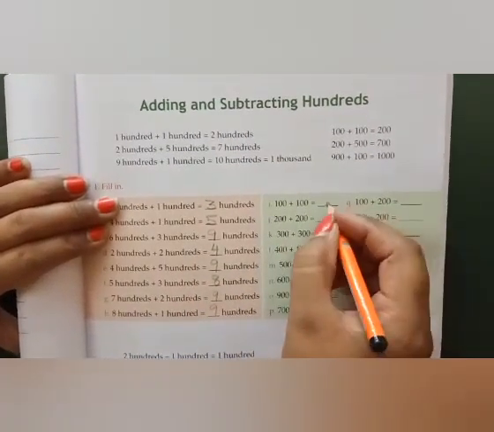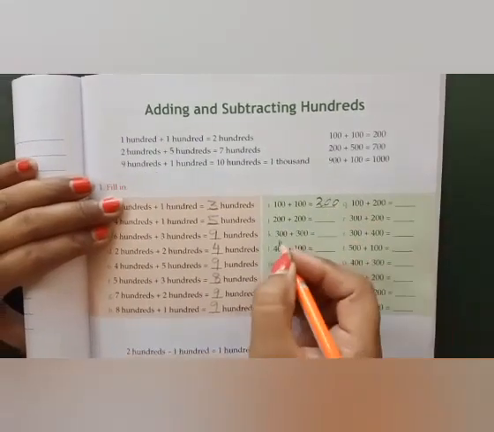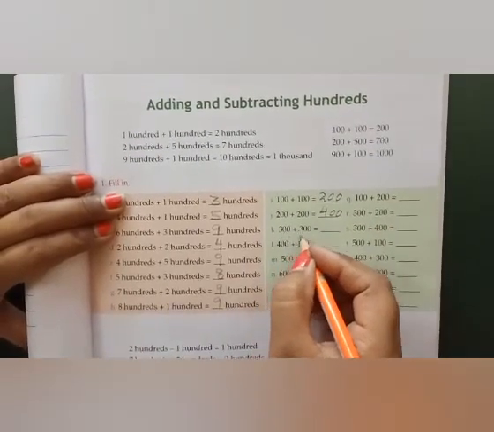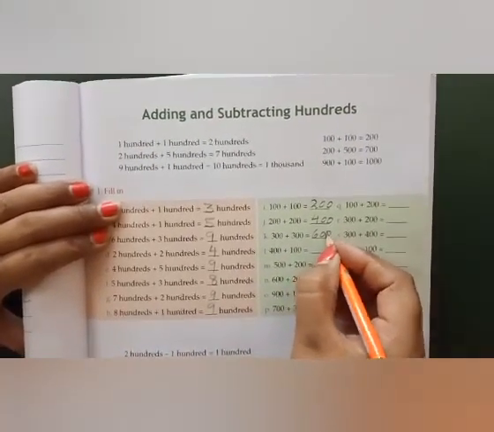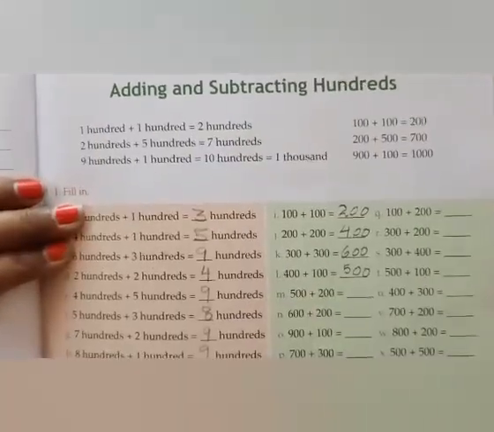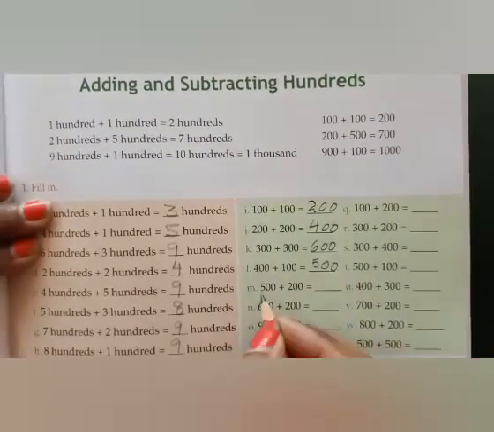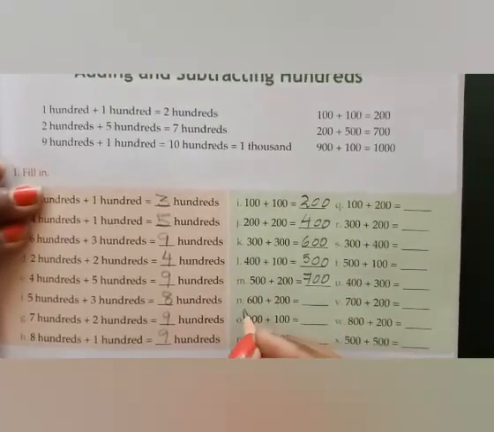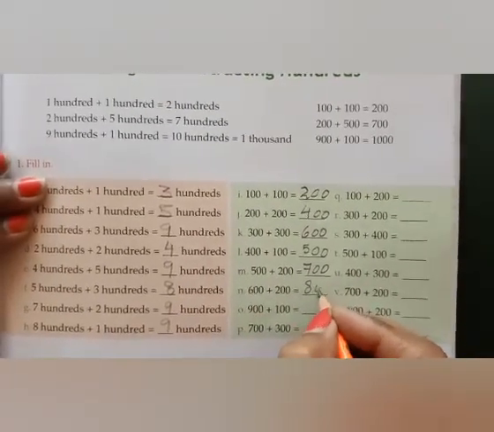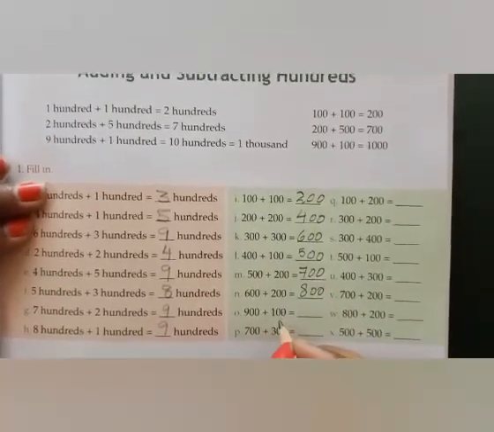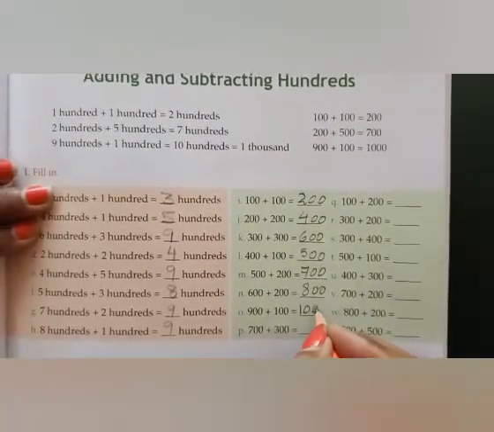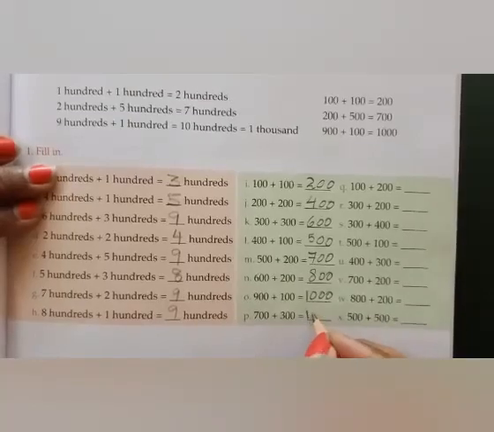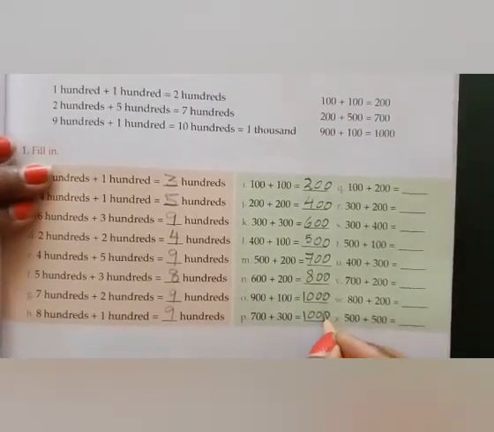100 plus 100 is 200s. Next 200 plus 200 is 400s. 300 plus 300 is 600s. 400 plus 100 is 500. 500 plus 200 is 700. 600 plus 200 is 800. 900 plus 100 is 1000 or we call it 1000. 700 plus 300 again it is 1000 or we call it 1000.